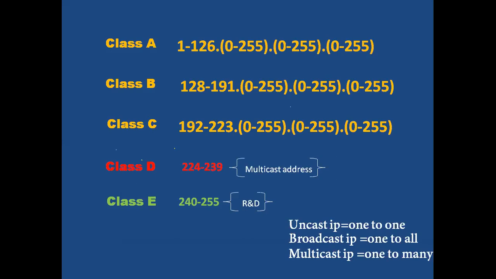How can you judge that an IP address is a class A or class B or class C address? If you start with 10, it is a class A IP address. Am I right? Correct.